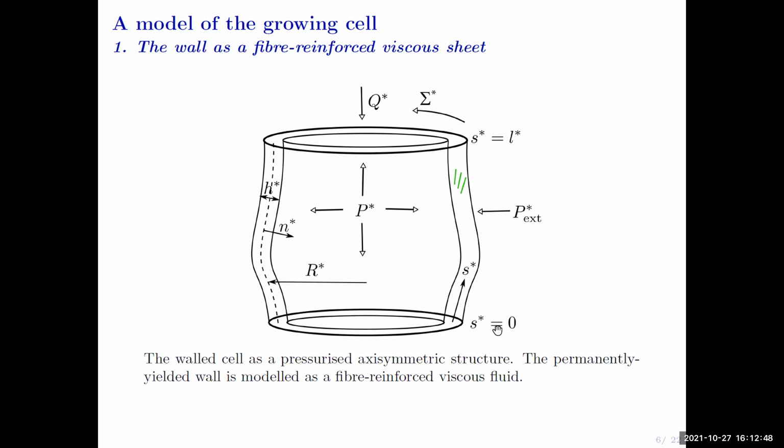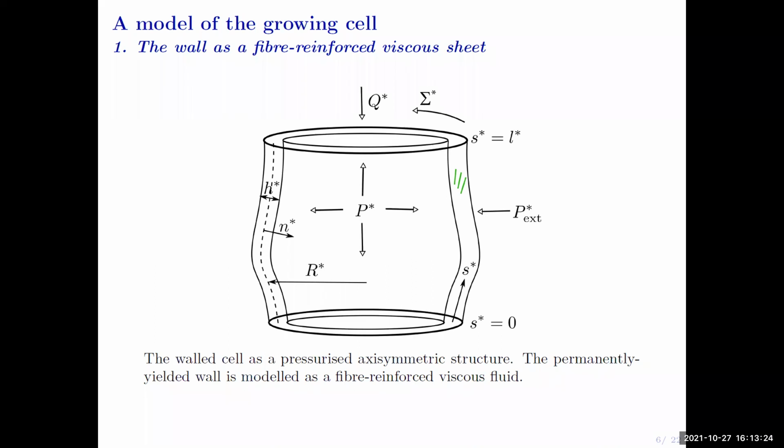And the fluid sheet has a thickness H, and something else that comes in is the cell radius, big R, which is defined as the distance from the cell axis to the center surface of the fluid sheet. And we also have a normal direction, which we define to point inwards from the center surface perpendicularly. So that's the geometry of the system.